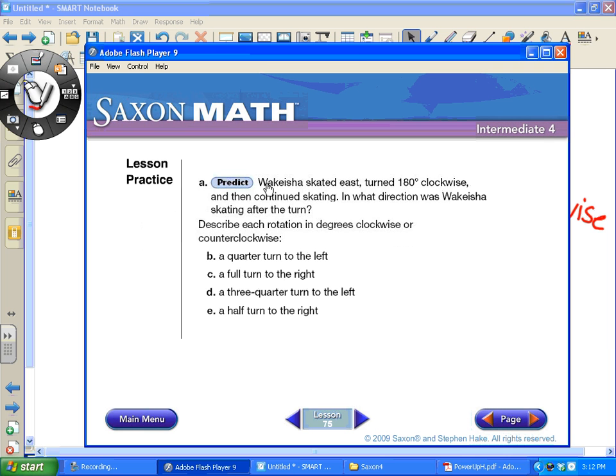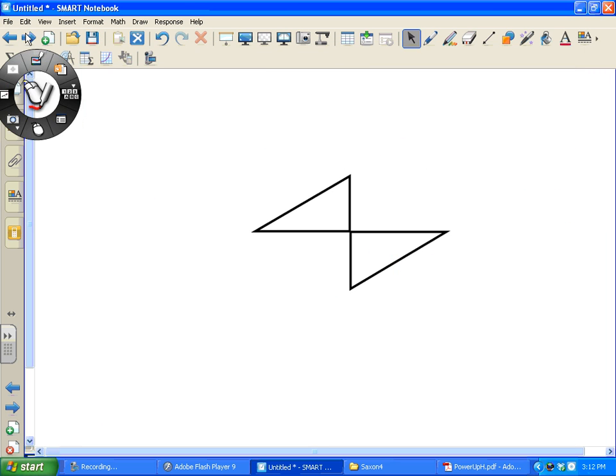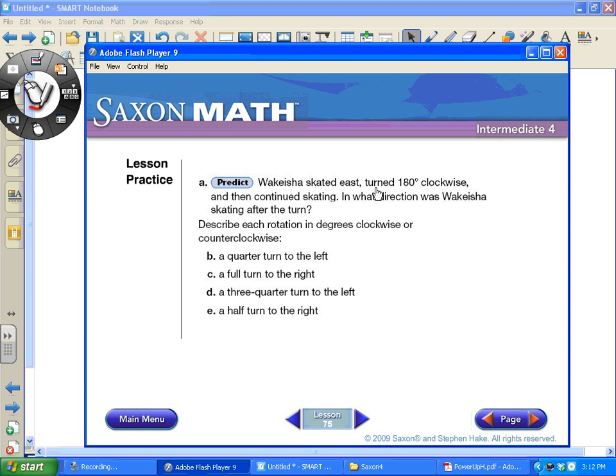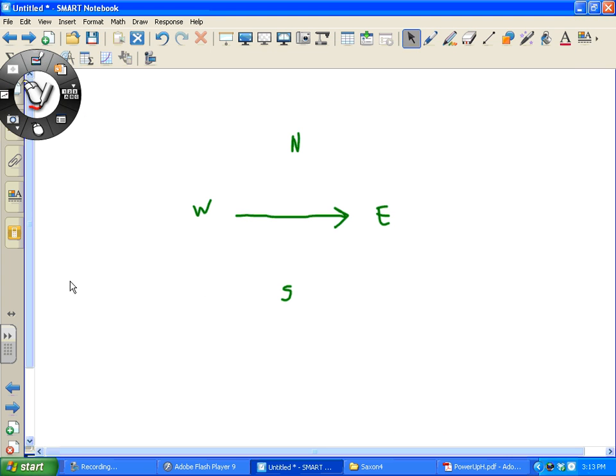Okay, lesson practice. Waukesha skated east. Okay, let's draw this out. North, south, west, east. Okay, Waukesha, she's skating toward the east. Okay, imagine that. She turned 180 degrees clockwise.